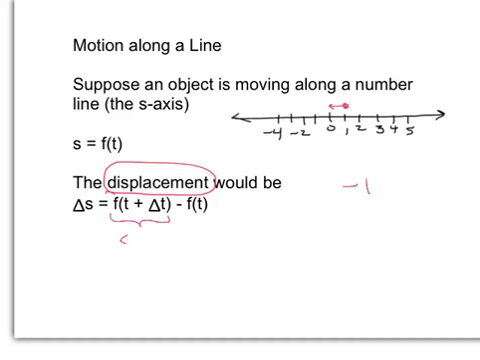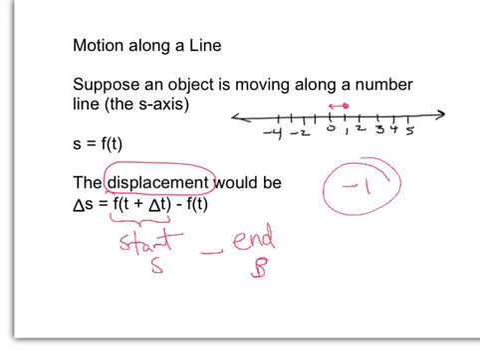It's my ending position minus my starting position. I should write the letter S there, ending position. So my change in position was I moved to the left by 1, so that's called a displacement of -1. It didn't matter how far I traveled, it was simply the displacement, just how much I went to the left or to the right. And in the end, I went to the left by 1.